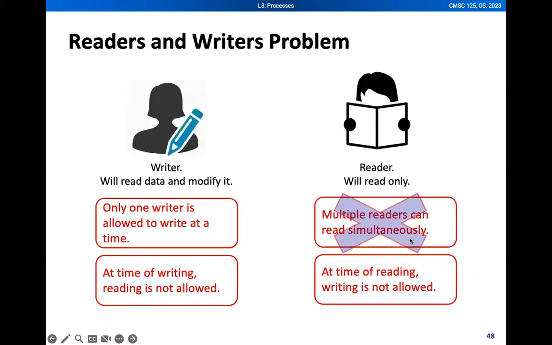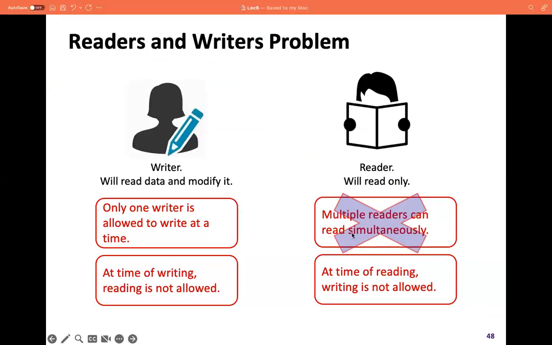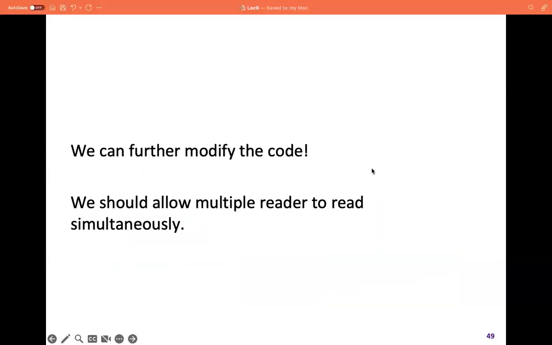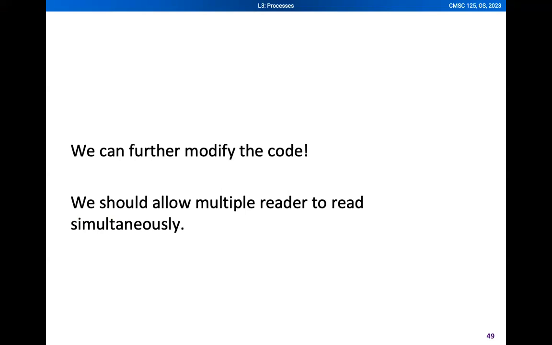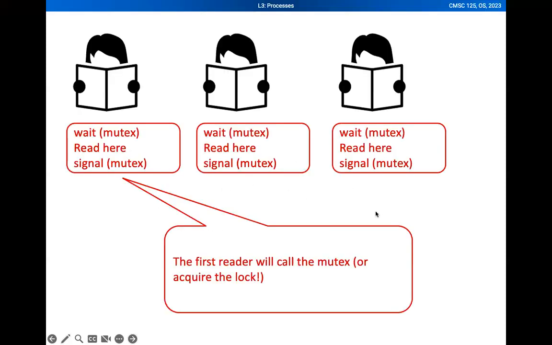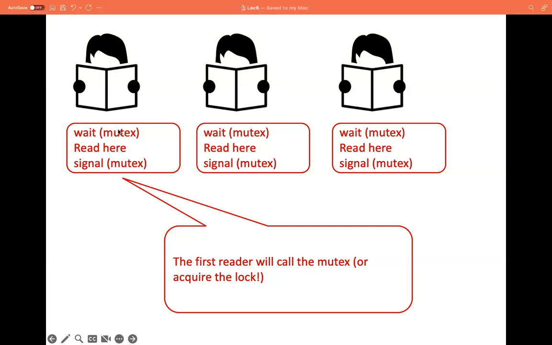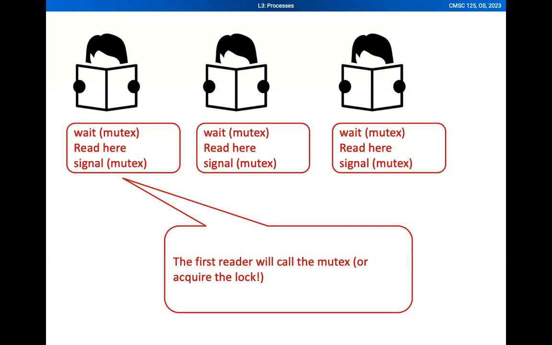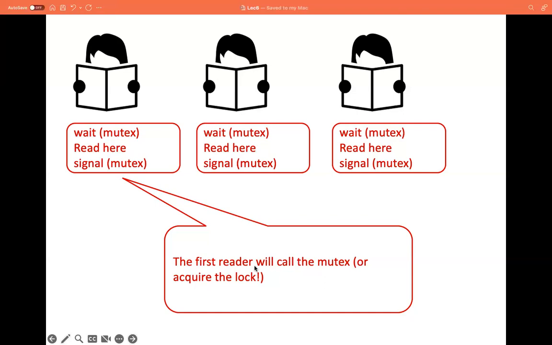As we mentioned in the problem, we should allow multiple readers to be able to read simultaneously. So we can further modify the code to allow multiple readers to read simultaneously. Our solution would be that if the first reader has already tried to read, then it will call the mutex, or acquire the lock.